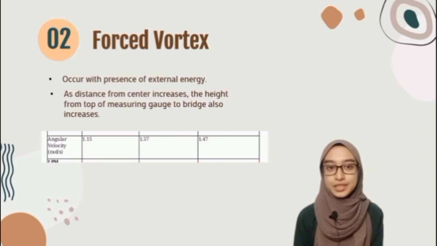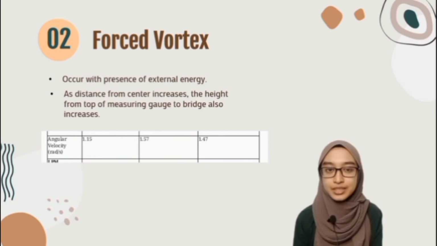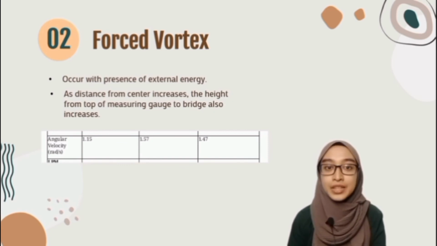From the data obtained, the angular velocity increased from the first trial to the second trial and decreased from the second trial to the third trial. Supposedly, the reading of angular velocity should increase from the first trial to the third trial.